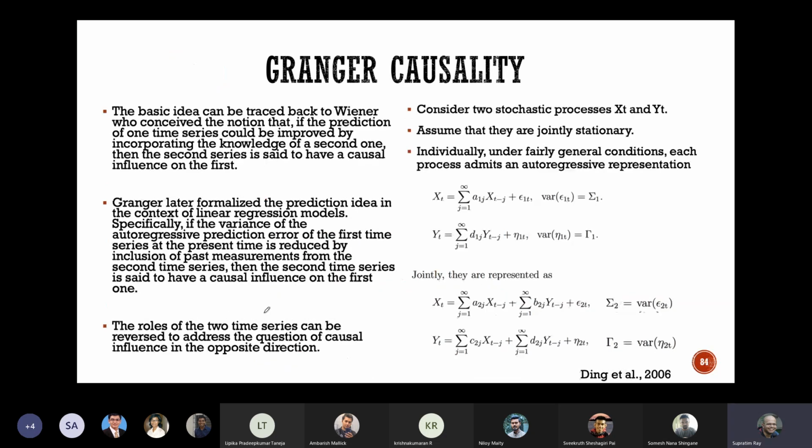So the basic idea can be tracked back to Wiener, as I mentioned, but Granger formalized it, so it bears his name. So what you are doing here is as follows.